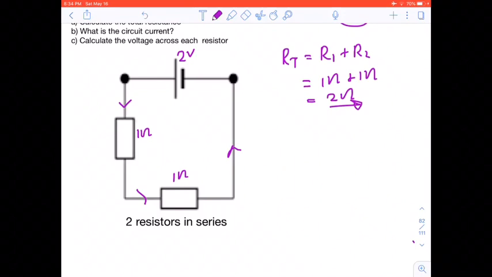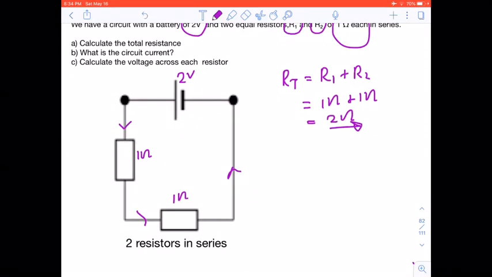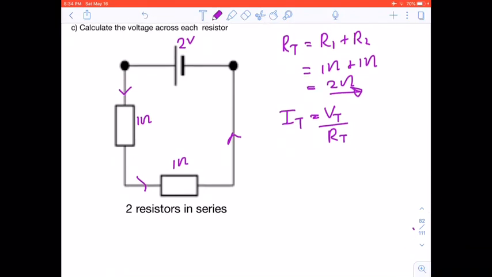Now, if you want to know the circuit current, we want I total, which is equal to V total upon R total. It means we take the total voltage as well as the total resistance.